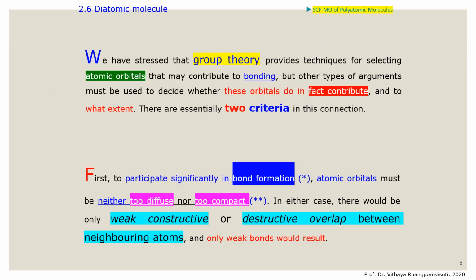We have stressed that good theory provides techniques for selecting atomic orbitals that may contribute to bonding, but other types of arguments must be used to decide whether these orbitals do in fact contribute, and to what extent. There are essentially two criteria in this connection.